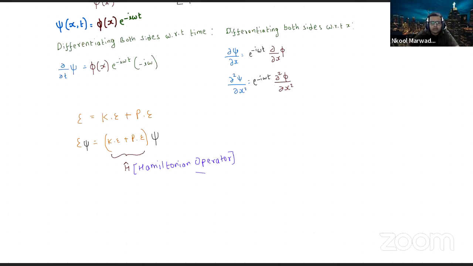So after substituting, I can write something like this. This equation will become E, the total energy, into the wave function psi, equal to the Hamiltonian operator, which I will write like this, H cap, into psi.